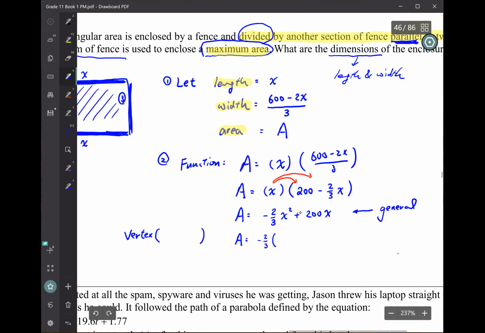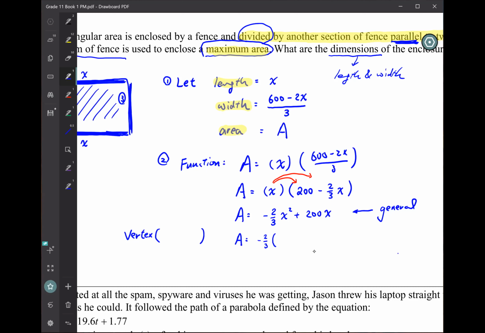So be careful when you divide by a fraction. Okay, Angela, can you tell us your first line? After you factor the negative 2/3, what's left?